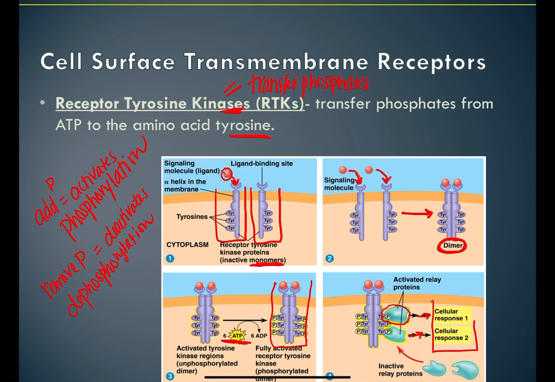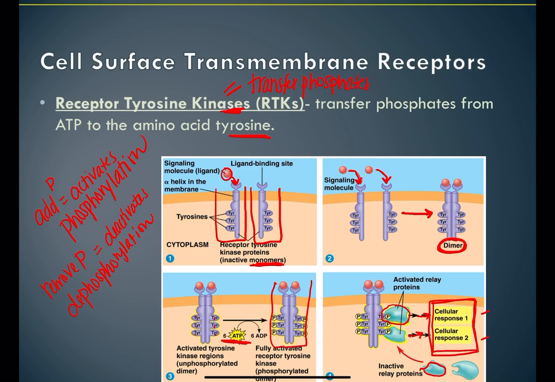Now, one thing that is unique about the receptor tyrosine kinases, which is different from the G protein coupled receptors, is that you have not one but 2 cellular responses that can occur. Receptor tyrosine kinases are important because they can activate multiple relay proteins and cause multiple cellular responses from the same receptor.